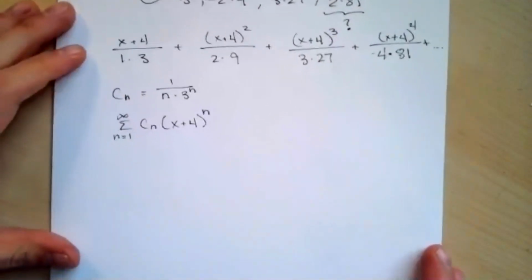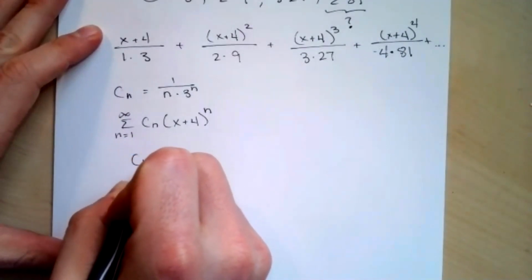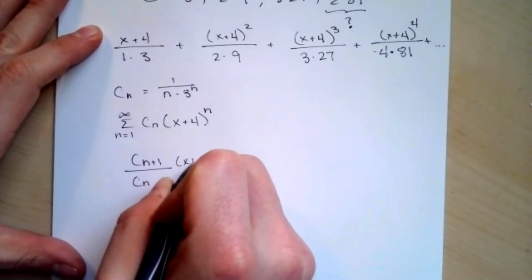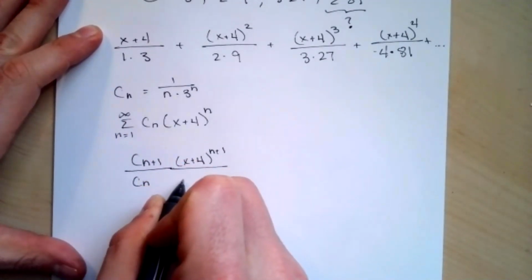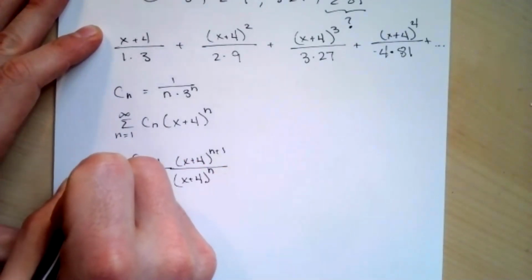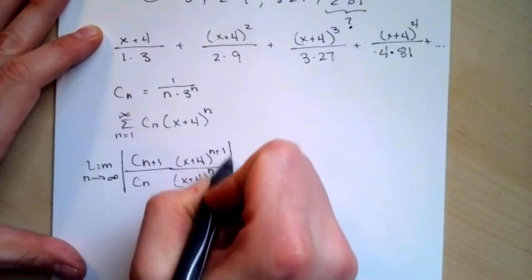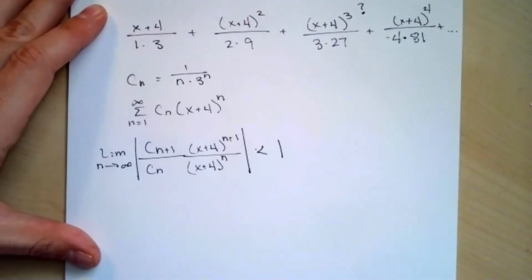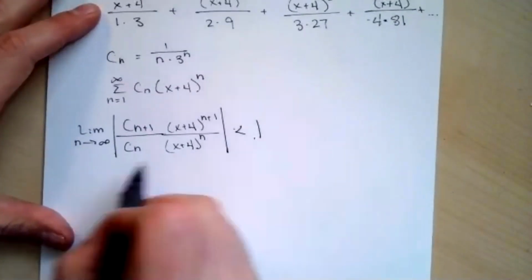So when we want to compute our radius of convergence, we want the ratio of consecutive terms to be less than 1.